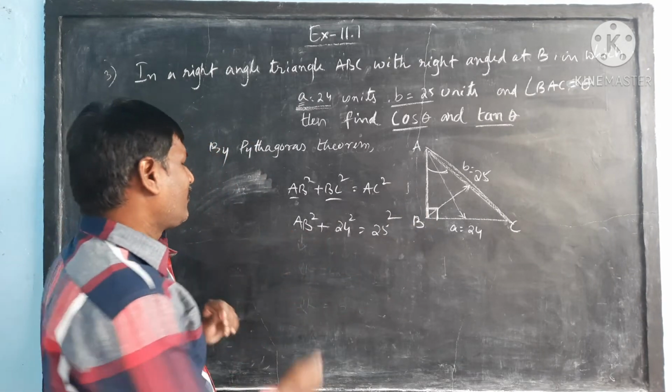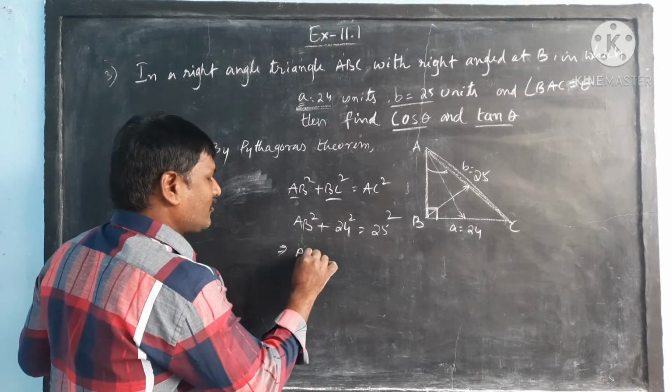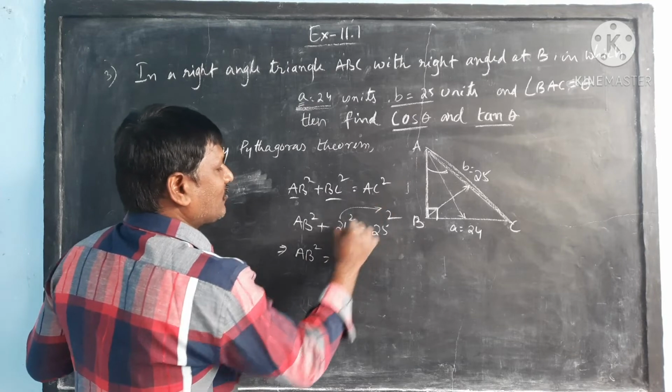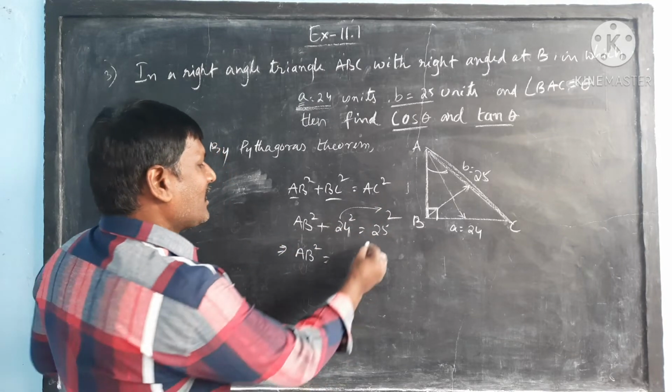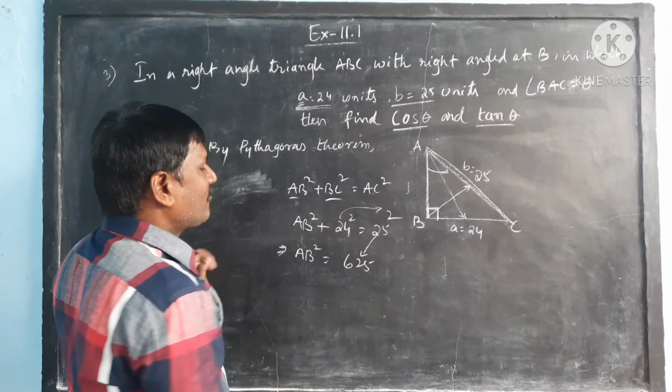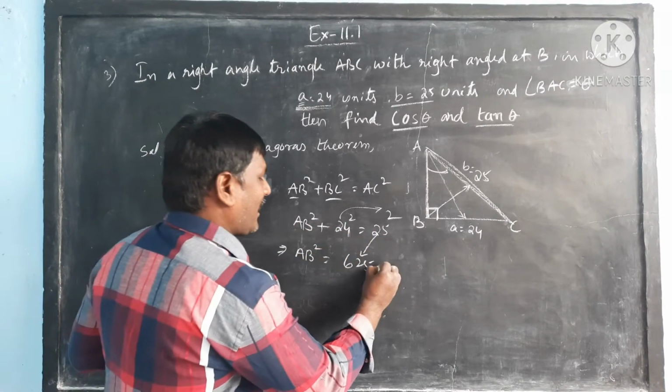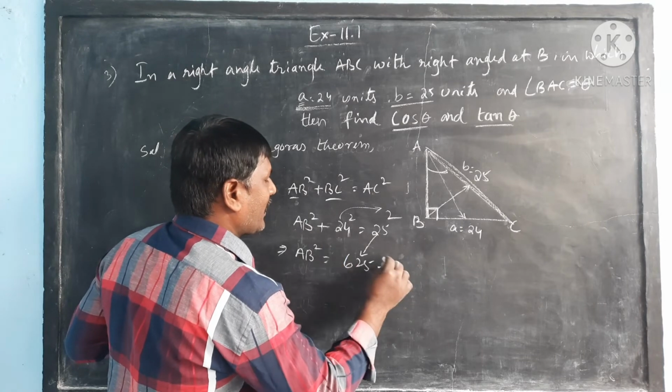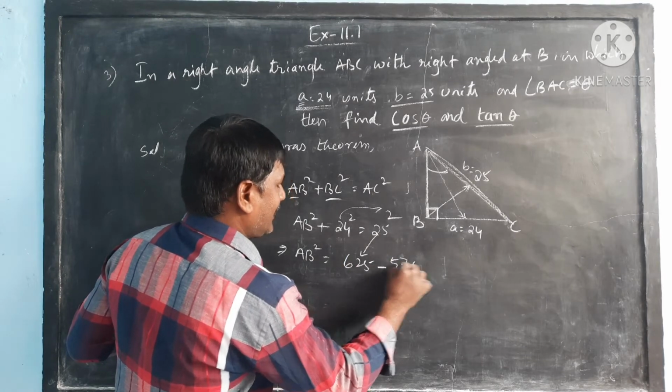Now AB square is equal to, transferring from left to right, 25 square, which is 625, minus 24 square, which is 576.